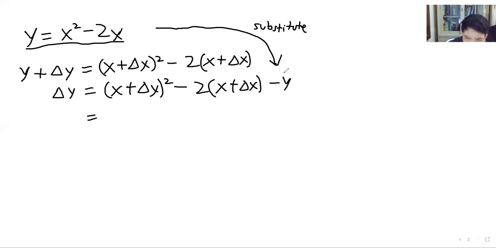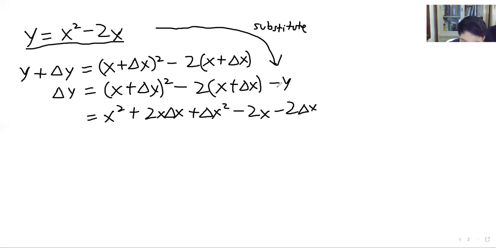I can also expand this at the same time as I substitute. So I'll expand this to become x squared plus 2x delta x plus delta x squared, and then minus 2x minus 2 delta x. So let's substitute for this, minus x squared minus 2x.